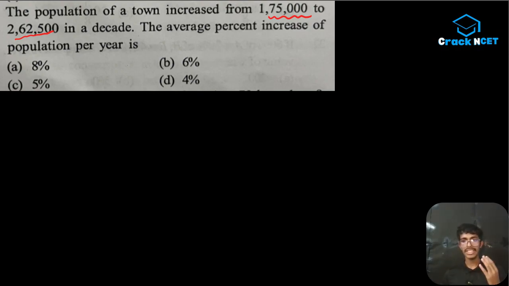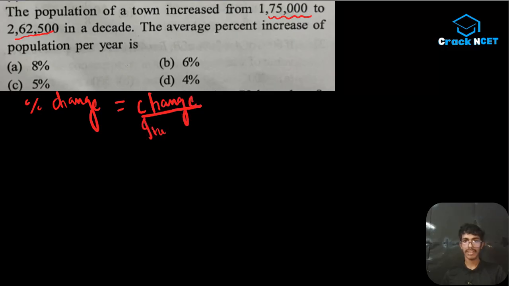So it asks, in 1 year what was the increase in population. Percentage change. What is the value of percentage change? Percentage change is equal to change divided by initial into 100.